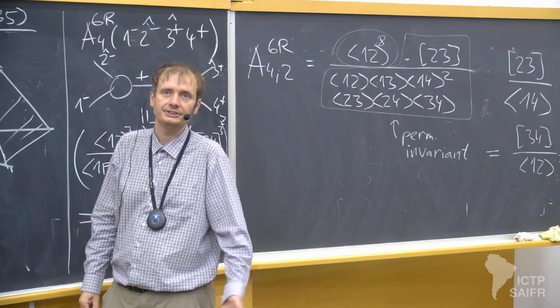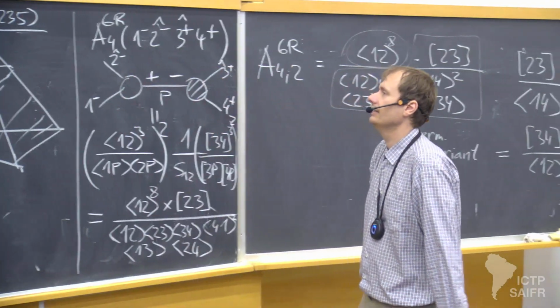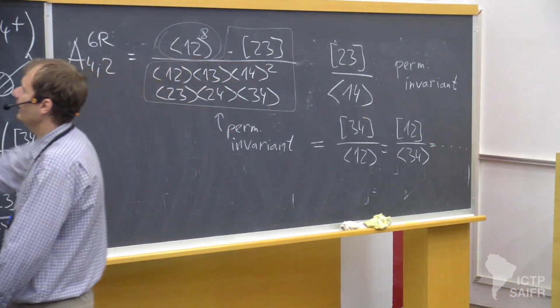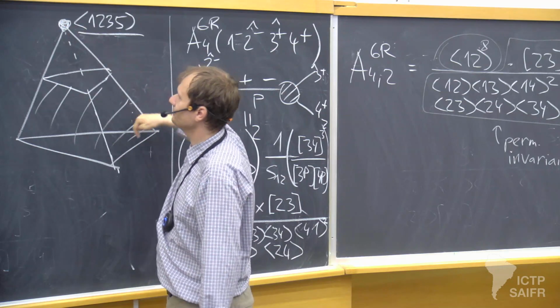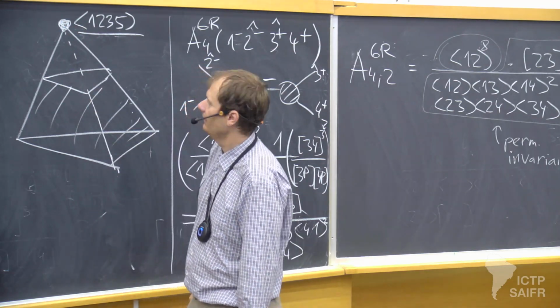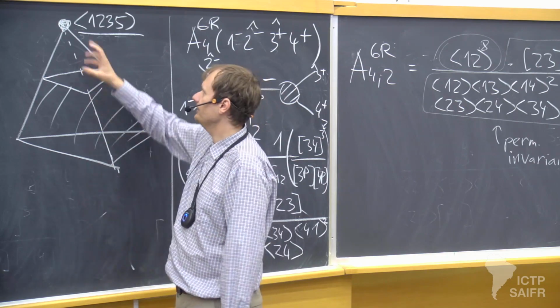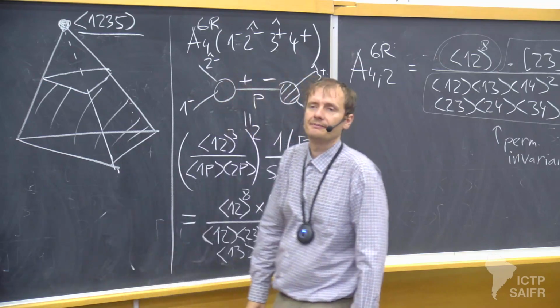It's not the most efficient, but it's a valid triangulation. It's just complicated. Any spurious poles that you get in BCFW correspond to points that you use to triangulate the object in terms of simpler things. The Feynman diagrams are a triangulation which doesn't use any extra points. Therefore, you don't have any spurious poles. All right, thanks.